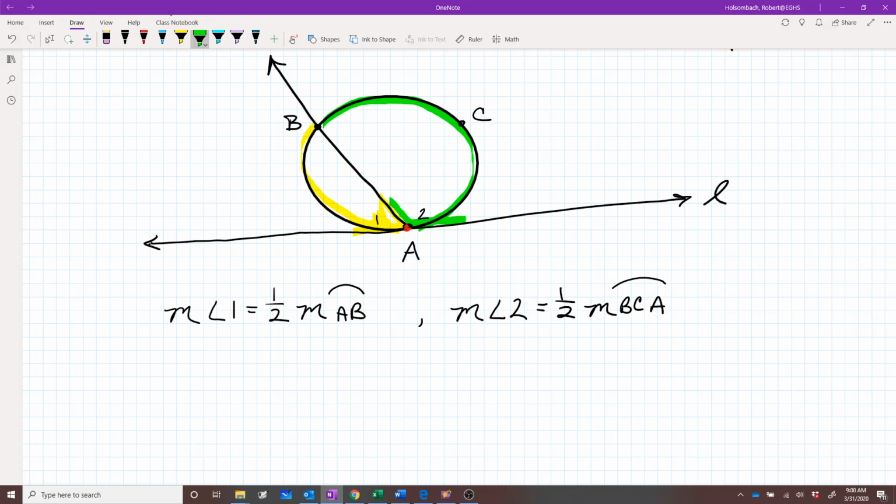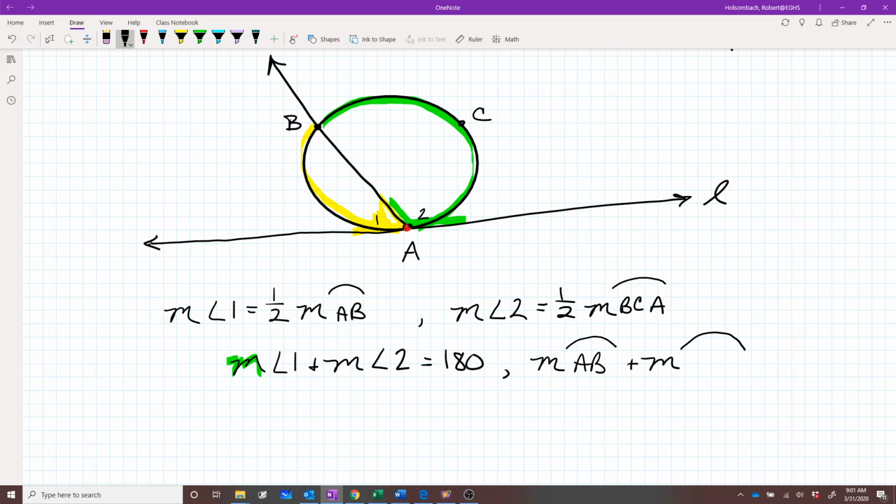Keep in mind that in this case, the measure of angle 1 plus the measure of angle 2 is going to be equal to 180. And also keep in mind that the measure of arc AB plus the measure of arc BCA is going to be equal to 360.